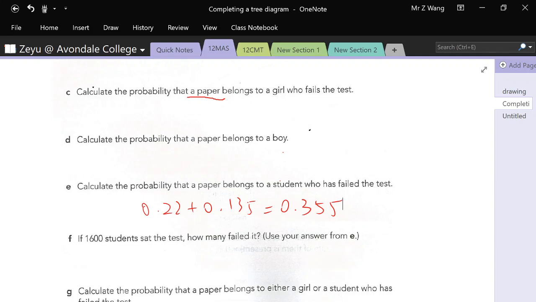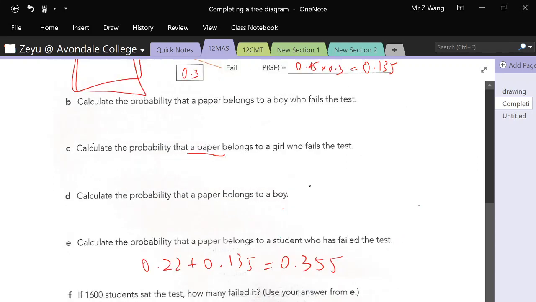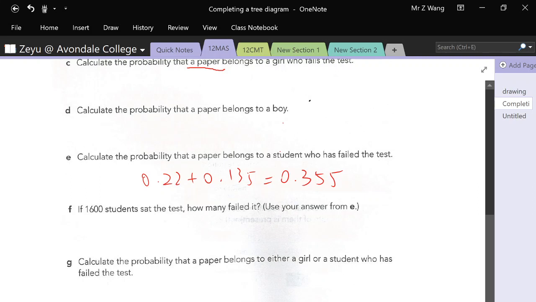So let me change this question, right? So remember that we did in year 10 that experiment. If we toss a coin, no, let's say rolling a die.